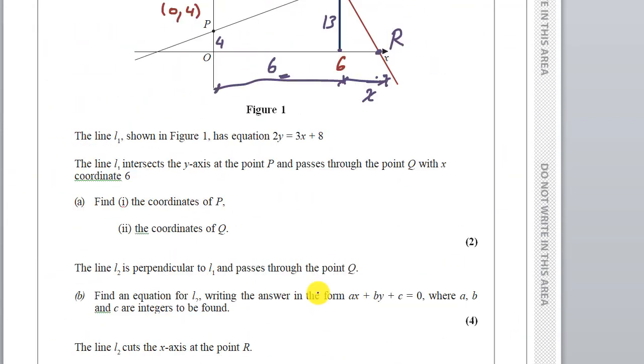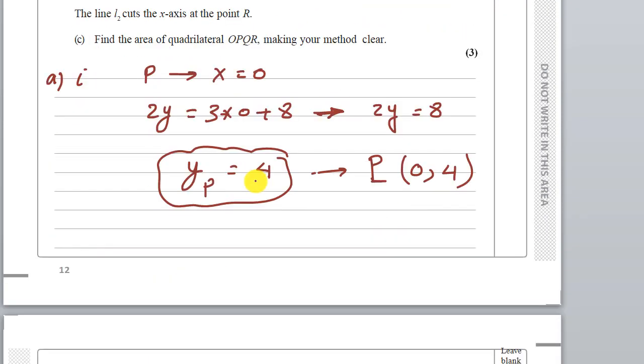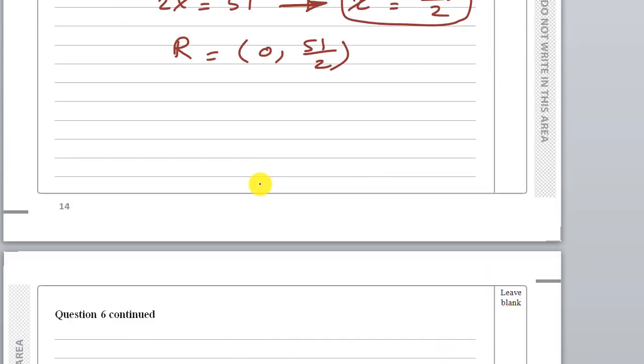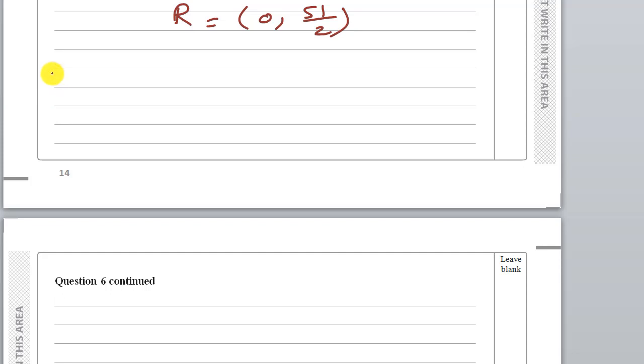So this distance now, x here, is equal to 51 divided by 2 minus 6. So the triangle, half 13 multiplied by this value, will give us the triangle. Let us write the area now.